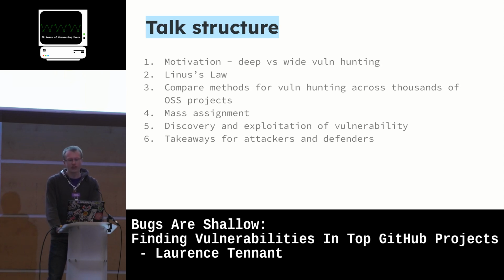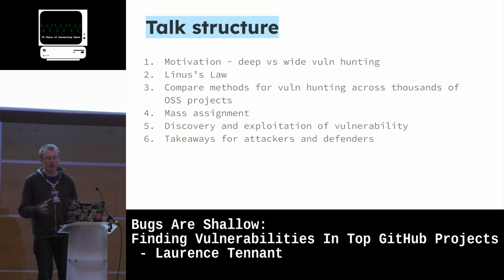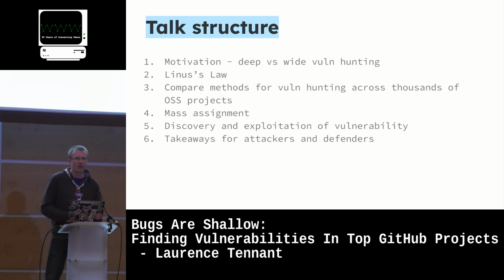So the structure of this talk: first of all, I'm going to talk a bit about deep versus wide vuln hunting and what I mean by that. We're going to look at Linus's law, which is kind of a backdrop to everything that we're going to be talking about today. Next, I'm going to compare methods for hunting down vulnerabilities across thousands or even millions of open source projects at the same time, and ranking which ones have been more effective than others.